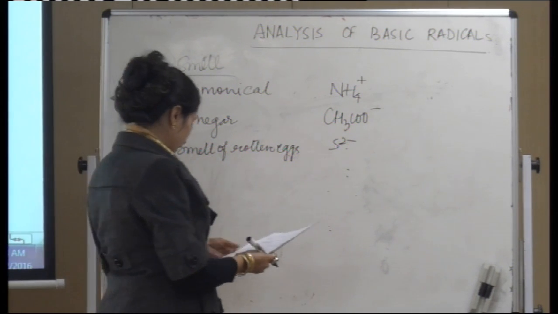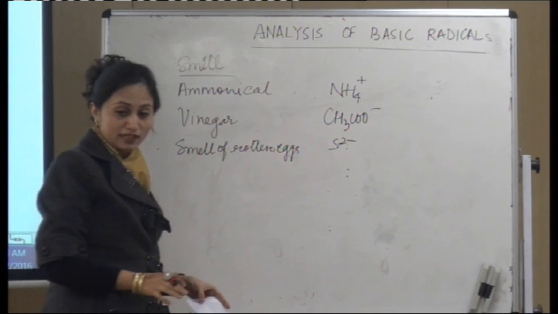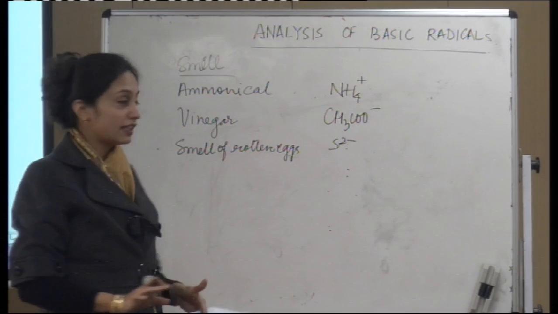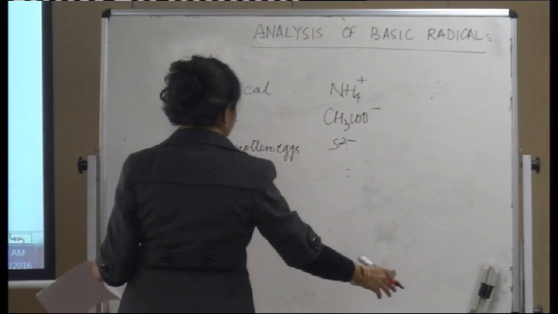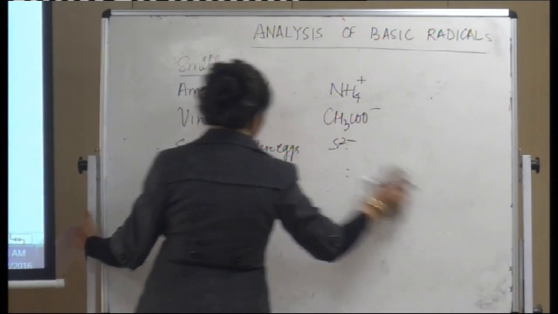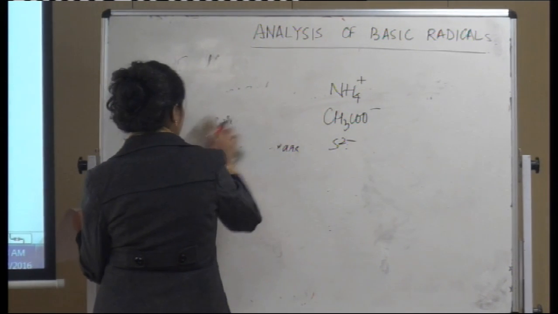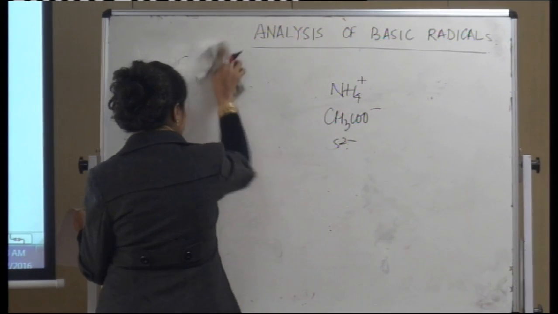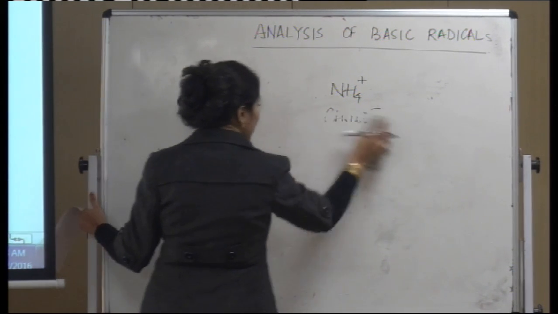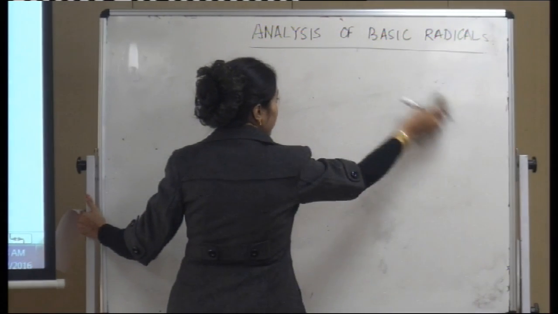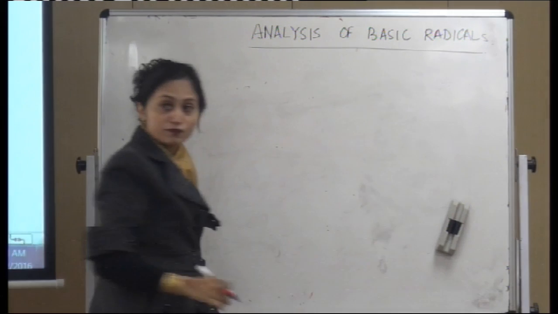Then I think we can even perform the flame test. For the flame test, what you generally do is take up a glass rod and dip it in, just add a little bit of salt to it, and then you bring it to the flame. You have the Bunsen burners, all of you in your labs.